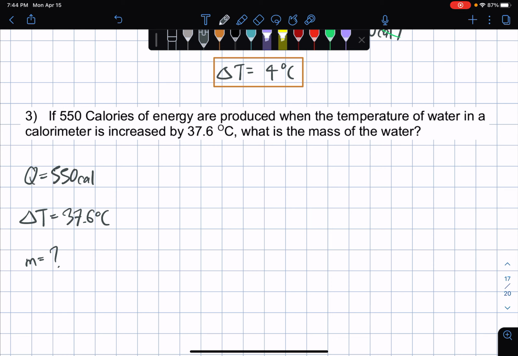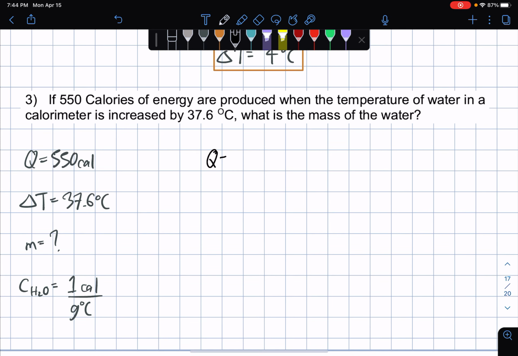Since we're told that it's water, the specific heat of water in liquid form is 1. If it's ice or vapor, it's 0.5. Remember, again. Okay, let's bring out the formula. Q is equal to... what we're looking for is M, so we can articulate the formula this way.